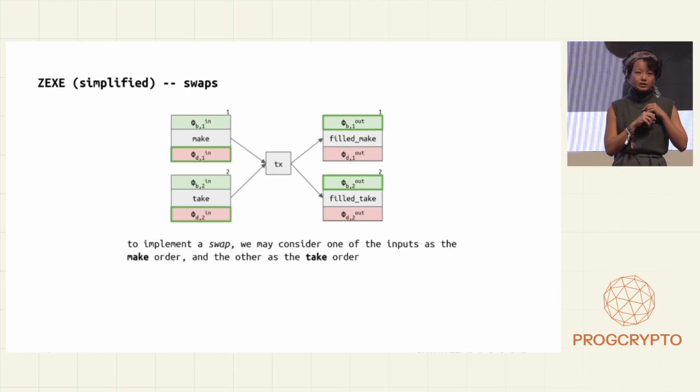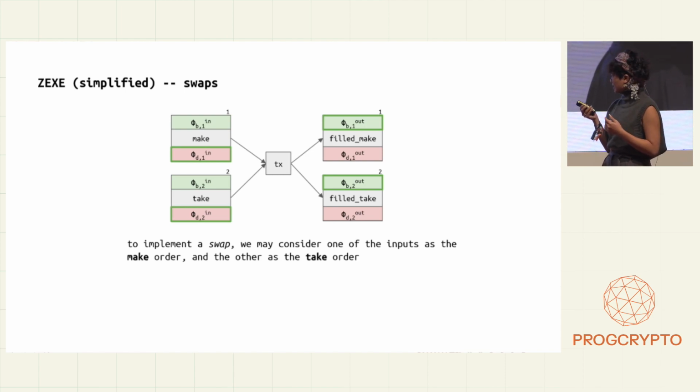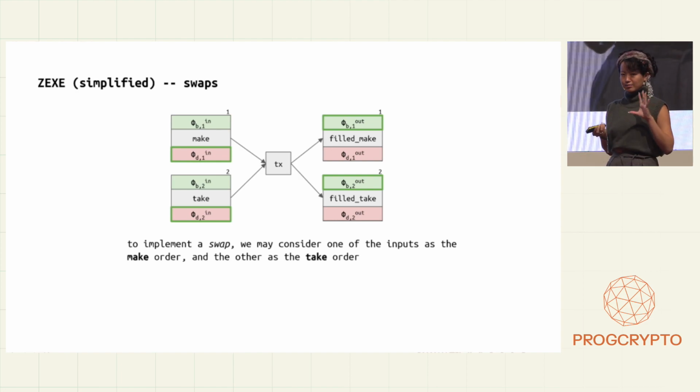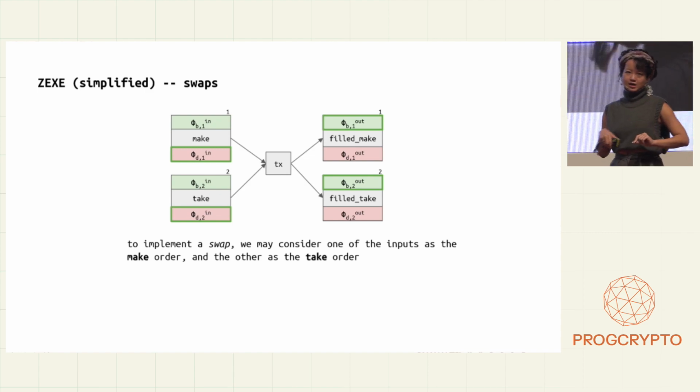So how we would implement a swap in Zaxi is that we consider one of the inputs as the take order and one of the inputs as a make order. And we are going to encode the terms of the trade in the birth and death predicates.